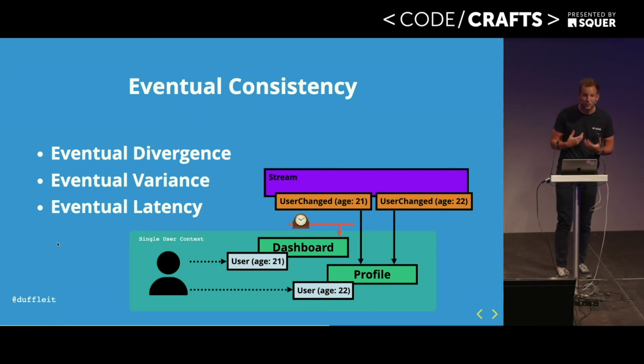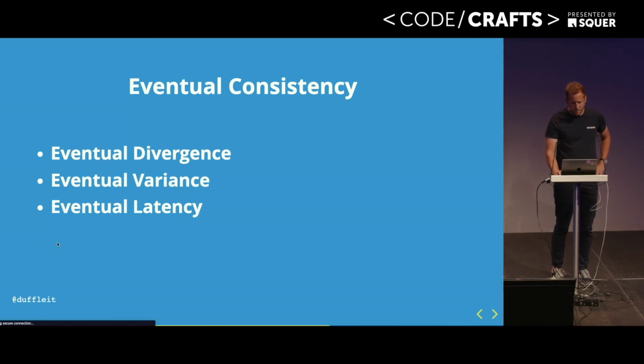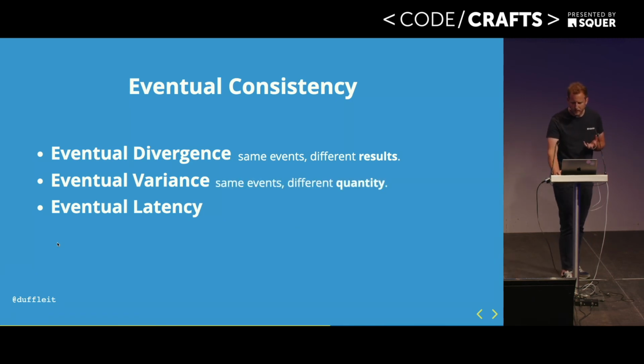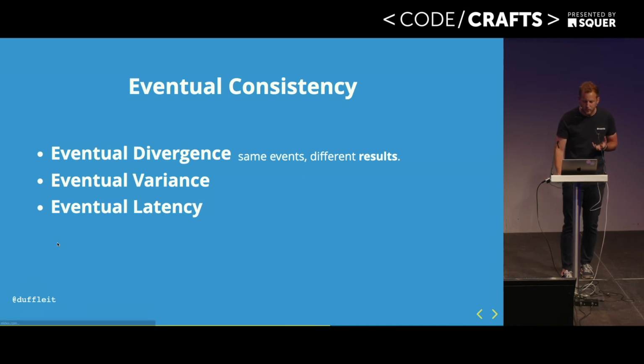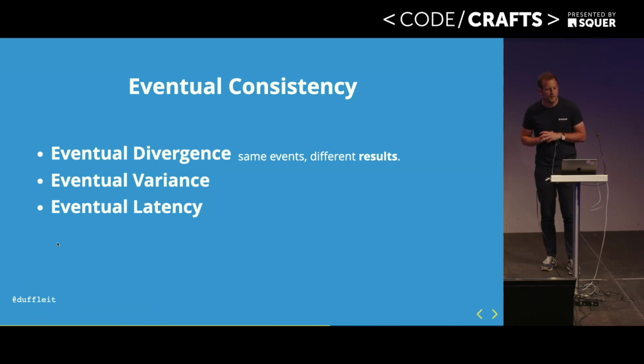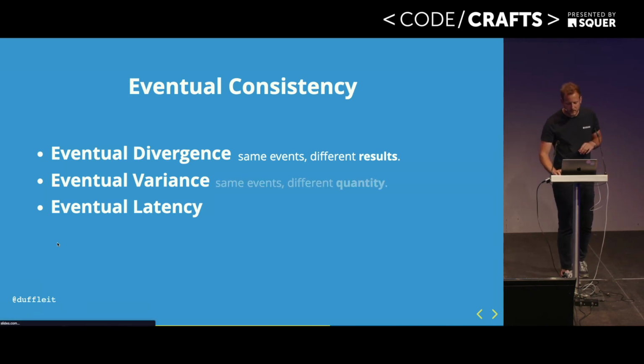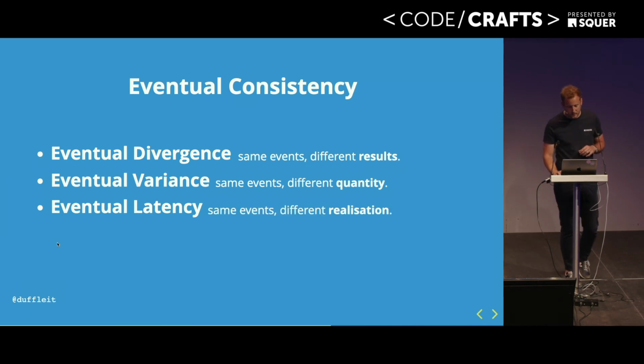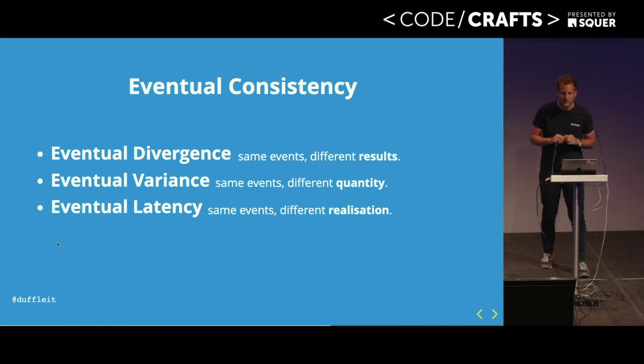Now I just want to talk a little bit about eventual consistency, because it's often seen as a roadblocker, as a problem when we go into event or reactive systems. These three are actually very simple to remember, right? Eventual divergence means that we have the same events but different results. Eventual variance means that we have the same events but in a different quantity, and eventual latency means that we have the same events but in a different realization.